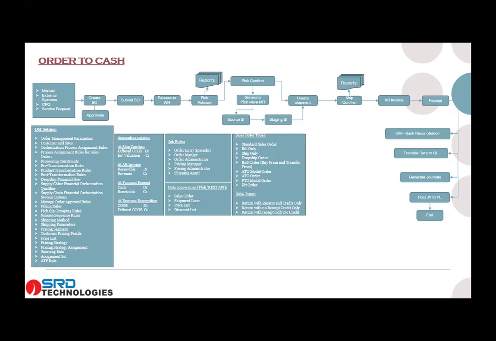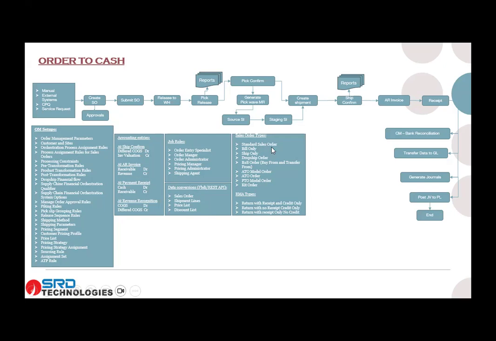Okay. But not only the standard sales order cycle, I have listed some setups also here, see. OM list of the setups, configuration, and accounting entries, job roles, what are the data conversions, and order types.